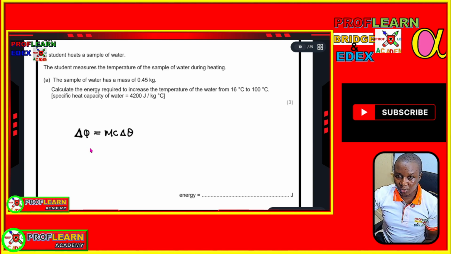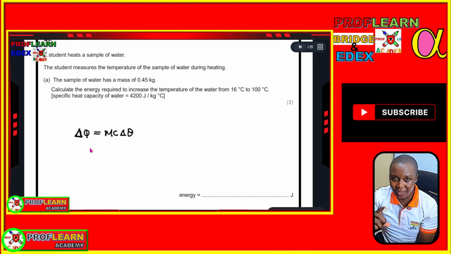In the event you are asked to define the term specific heat capacity, you are going to say specific heat capacity is the amount of thermal energy required to raise the temperature of 1 kg of a substance by 1 degree Celsius.